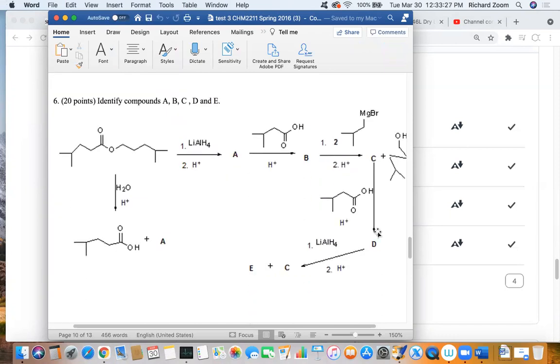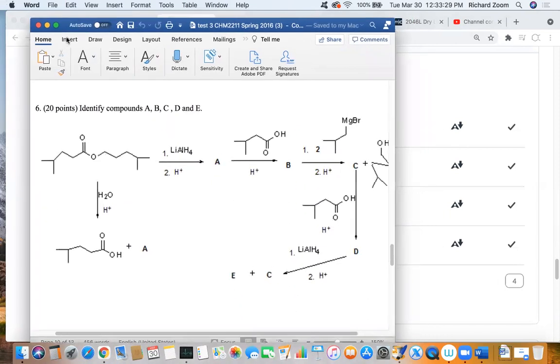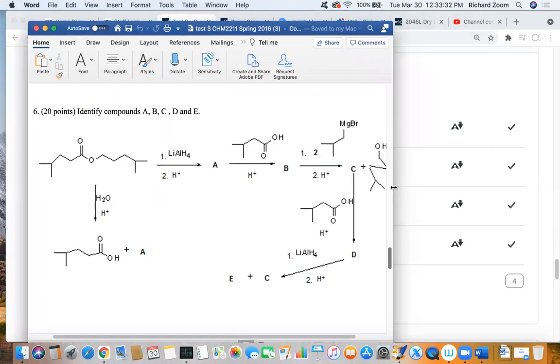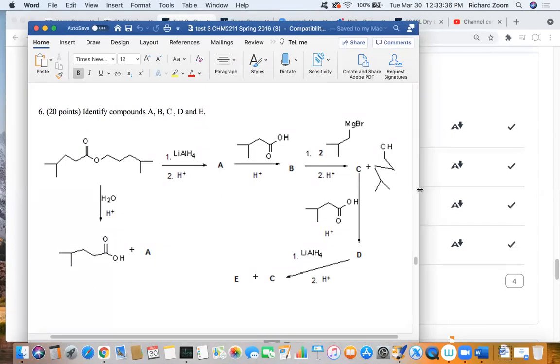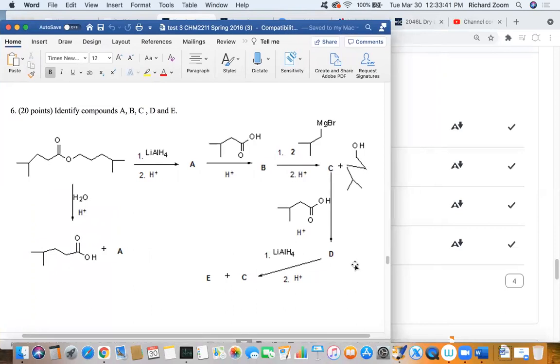This is spring 2016, and that's what the roadmap problem looks like.